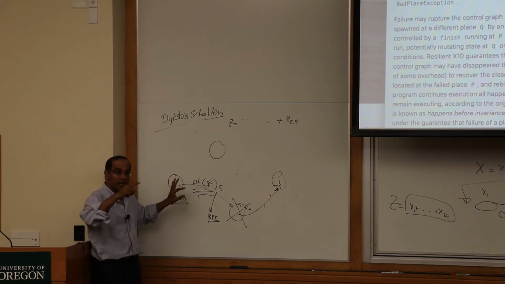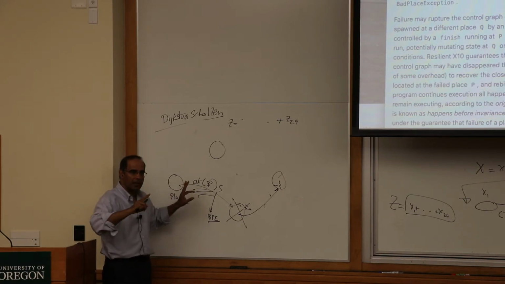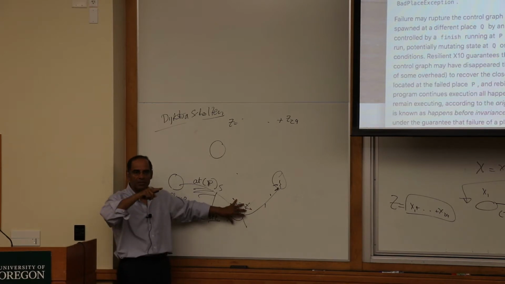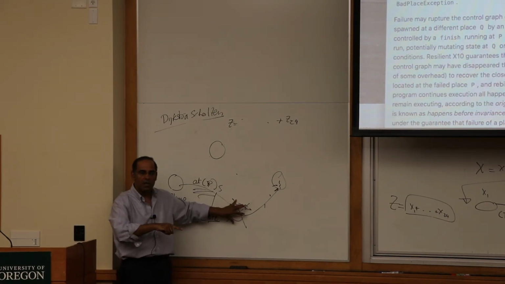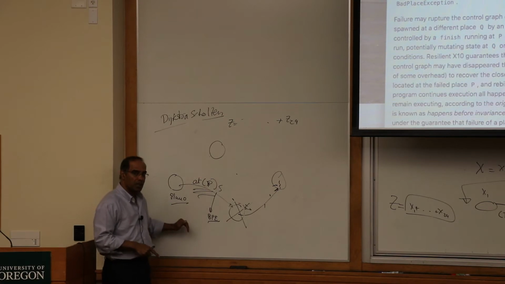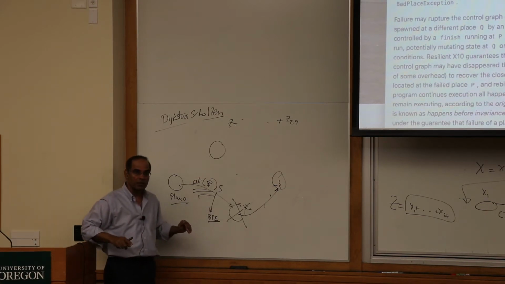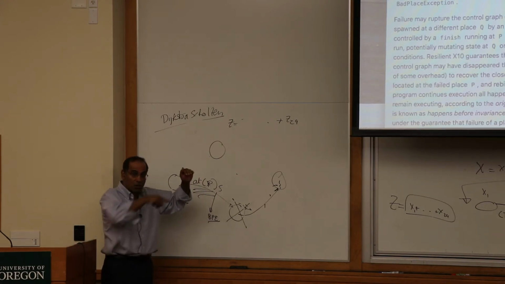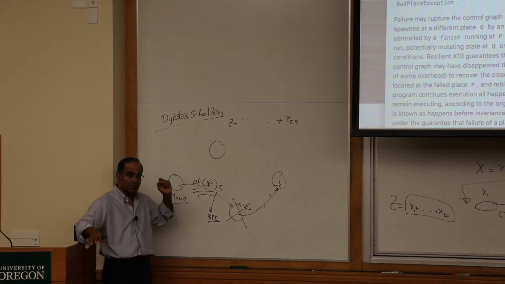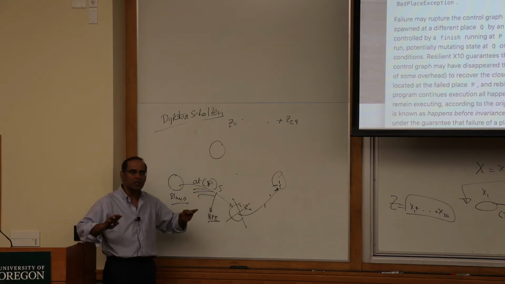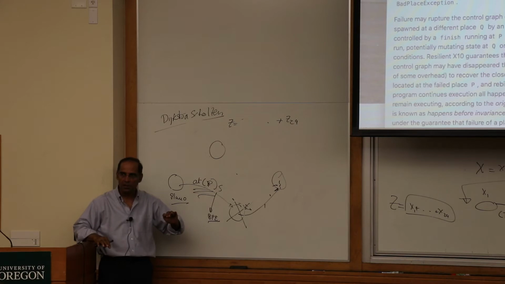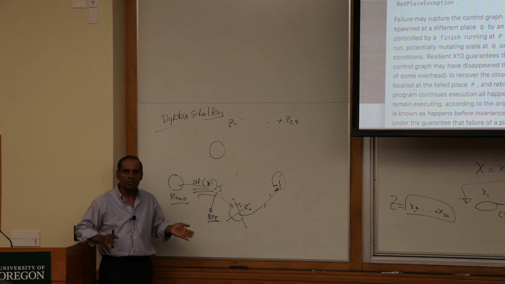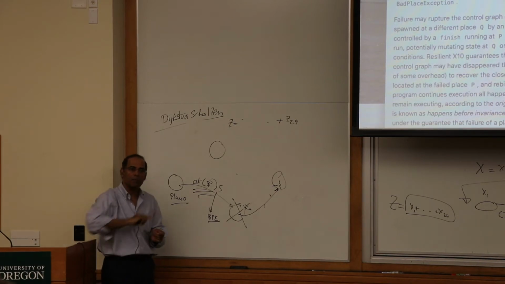So you can always dynamically chase back until you find a finish which is not on this place, and you reattach this child to it. The idea being that that finish will not complete until all of these children have finished. That was always going to be the case, because they are within the scope of that finish. That finish would not progress until they are terminated. You're just preserving, even in the presence of failure, a property of finish that was always the case. The point is, you cannot drop these. You have to attach them back.